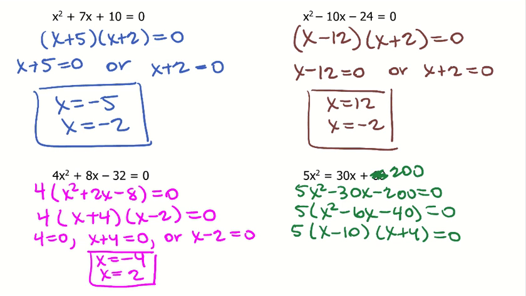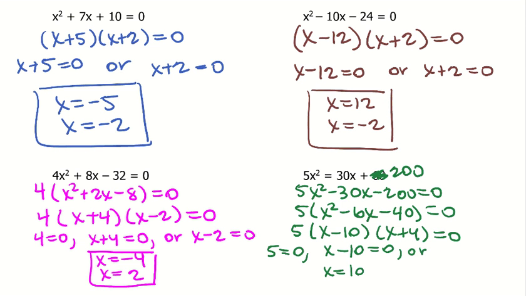All right, so what we do when we get something like this is, if we have three things multiplied together and they equal 0, one of them has to be equal to 0. So either it's the case that 5 equals 0, which it's not. It could be that x minus 10 equals 0, which would be x equals 10.